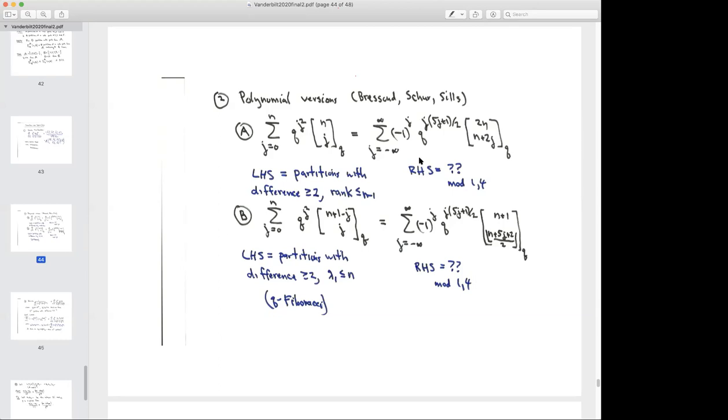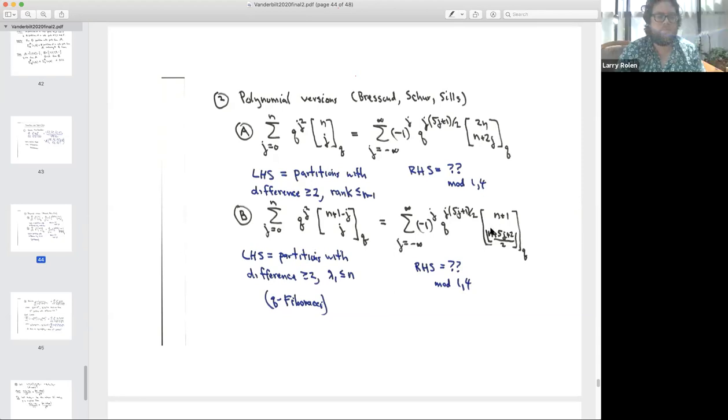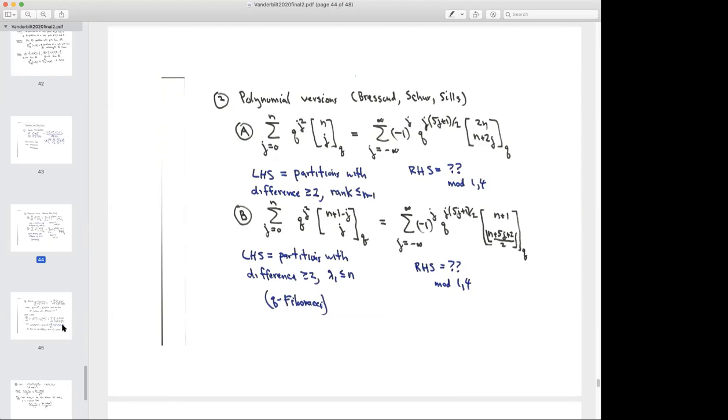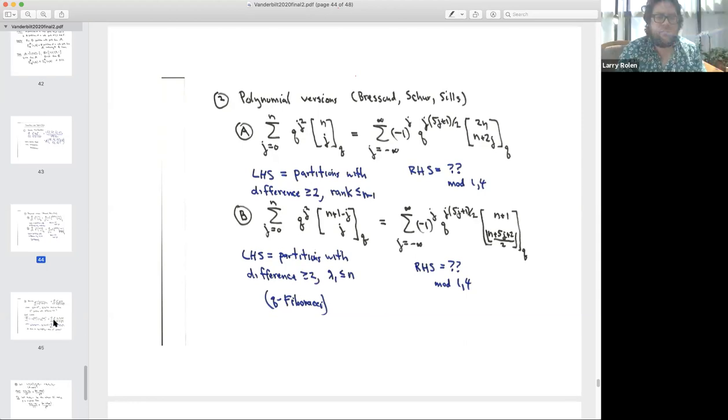Manifestly positive, no minuses. And probably, for j equals 0, it should be a subset of this 2n choose n, in some complicated way. I don't know that. Any other questions on slide 44? Nope, I think that was it. Okay.